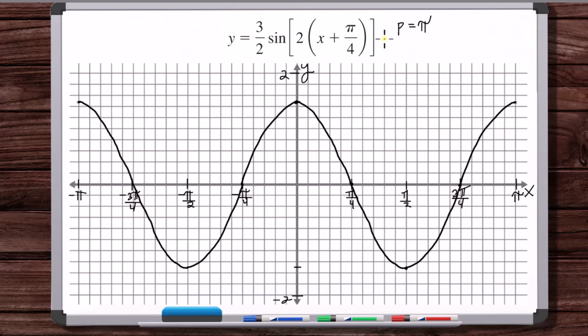Since the period has been shrunk by 2, all we need to shift this curve is pi over 4 to the left to get to the cosine. So if we graphed 3/2 cosine of 2x, that's what this is. But technically, you can see it's the sine curve with amplitude 3/2 that would start here, but it's been shifted by the phase shift, pi over 4 to the left.